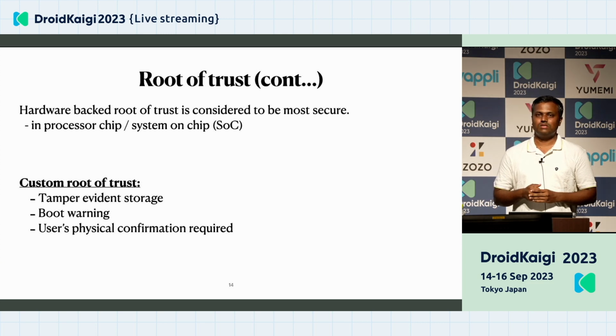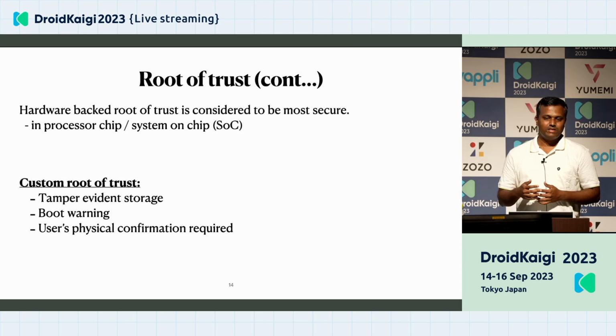In this case, generally it's burned on the processor chip or on a system on chip. There are some cases where users wish to install their own custom root of trust, but there is a guideline provided. If you wish to use your own root of trust, then you need to store that in tamper evident storage. When I say tamper evident storage, it's not read-only memory.